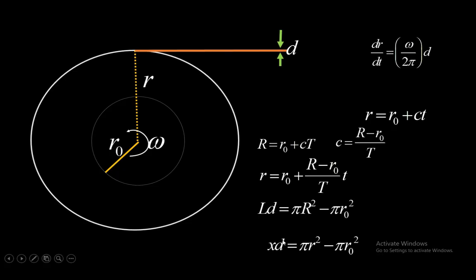When x length of tape is wrapped, then suppose the radius increases from R0 to r, then we can write a similar equation for this condition. When x length of tape is wrapped, that is the area wrapped, and it will increase the area of the spool. So taking these equations and solving it, let us see.